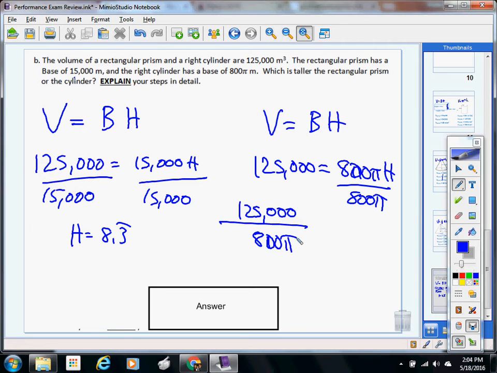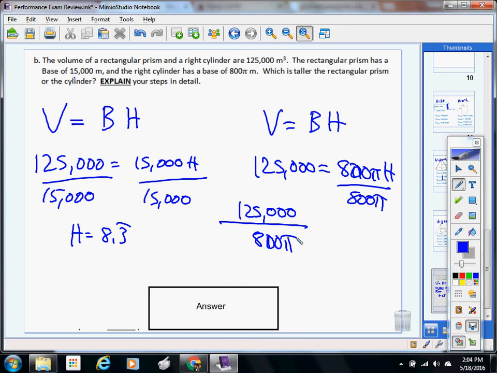If I just plug into my calculator 125,000 divided by 800 pi, typed out just like that, you're going to get 490.87 whatever.